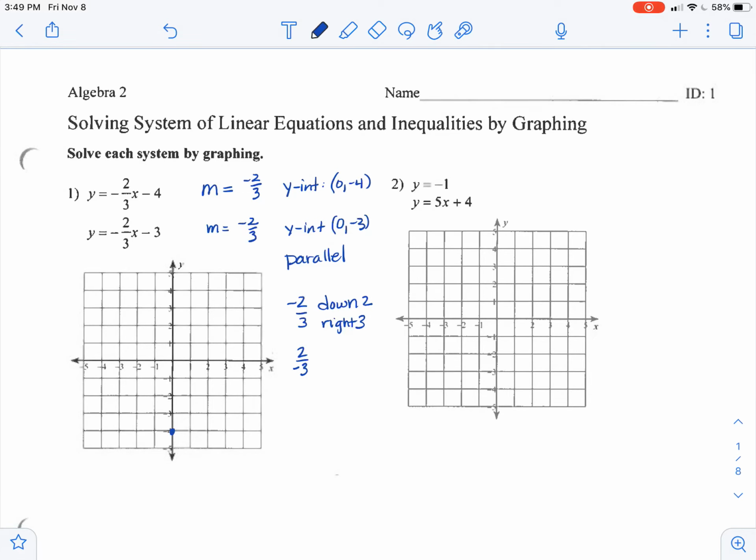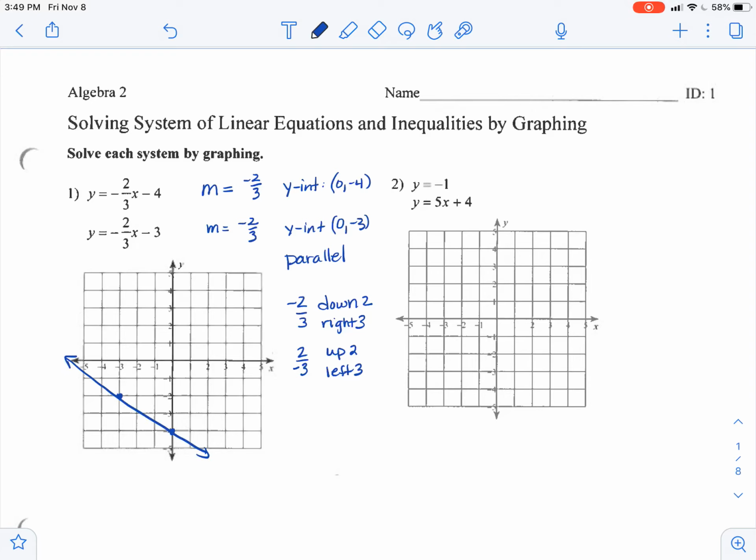That means I need to go up 2 and left 3. So let's go up 2 and left 3, and once I get there, I put my point. Now I'm going to go ahead and draw my line.